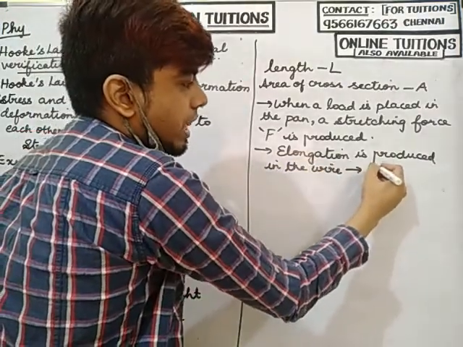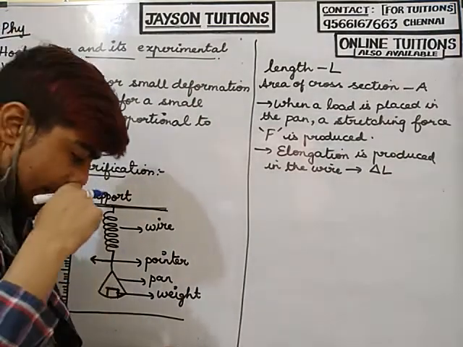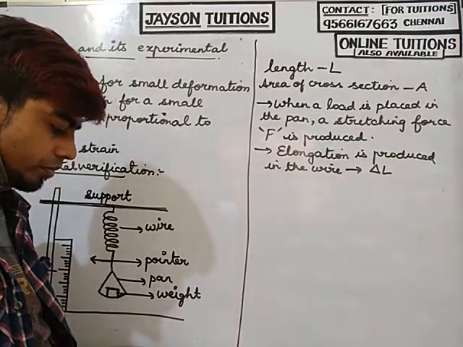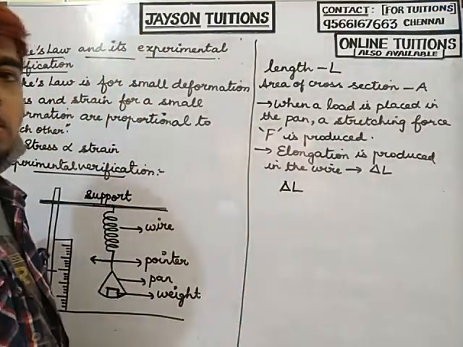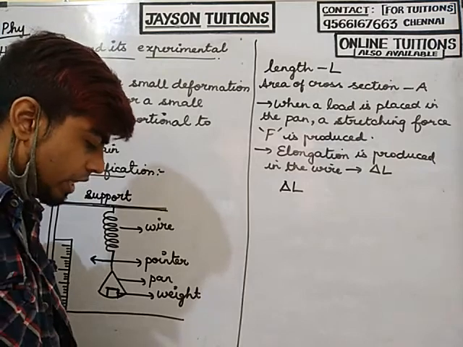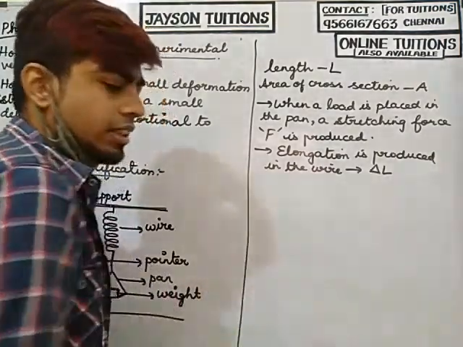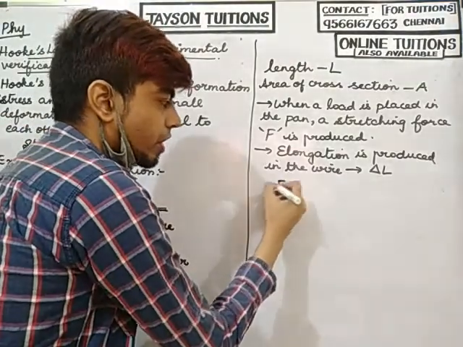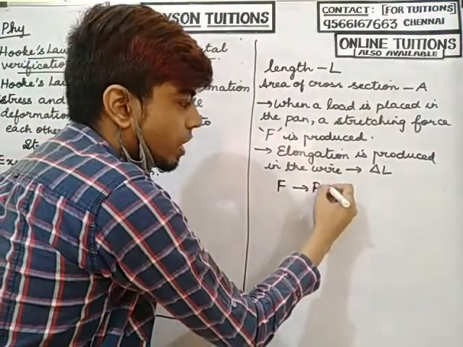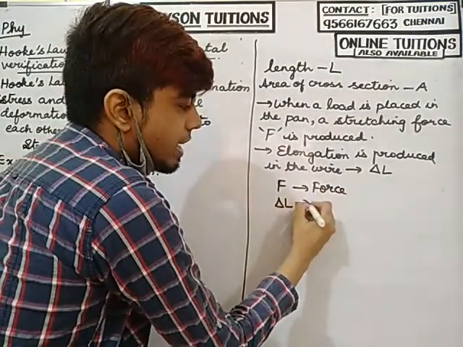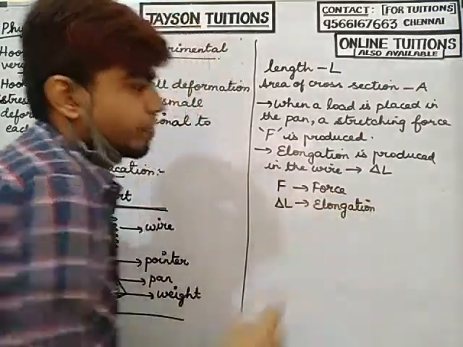It is denoted as delta L. Now this delta L is the elongation produced on the wire, and F is the force.